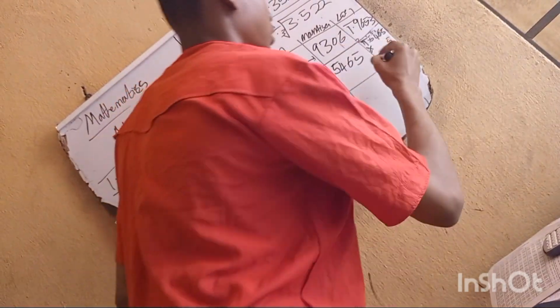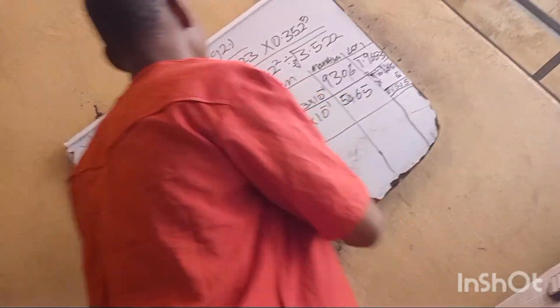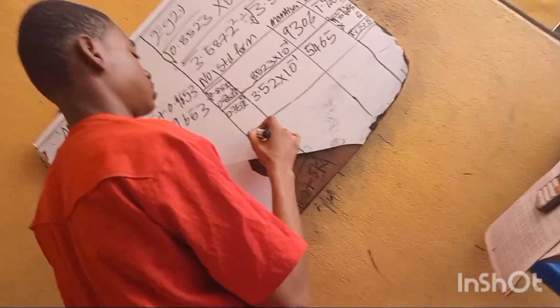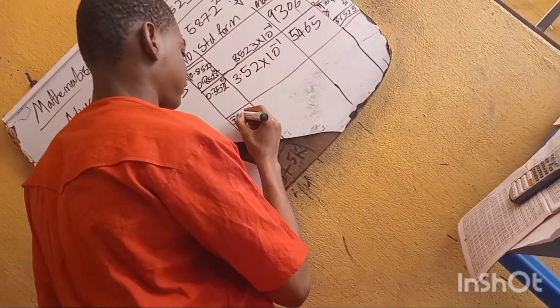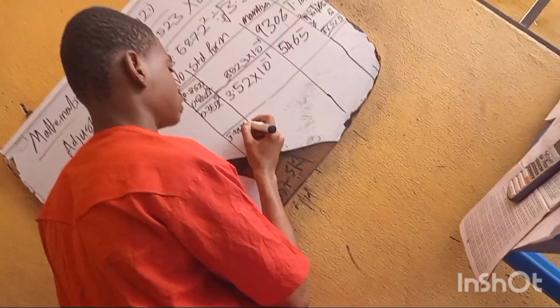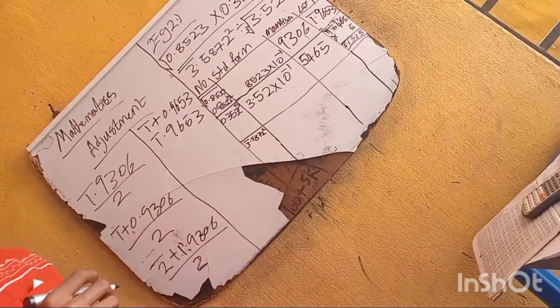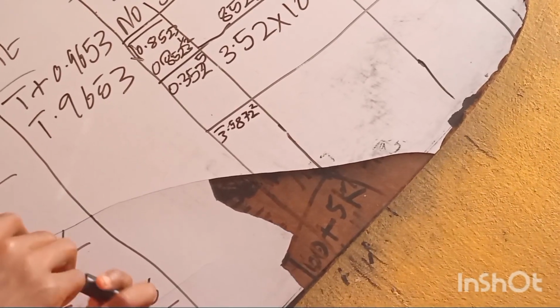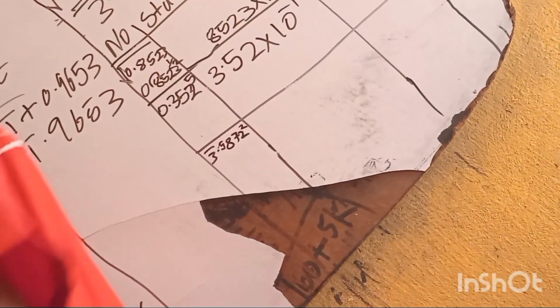Now, the next number is this: 3.5872 raised to power 2. Look for the standard form.